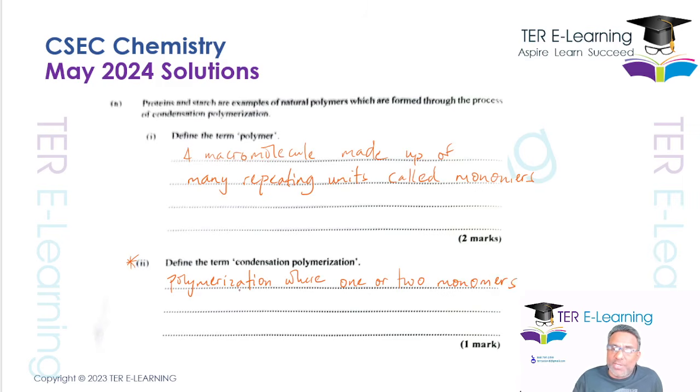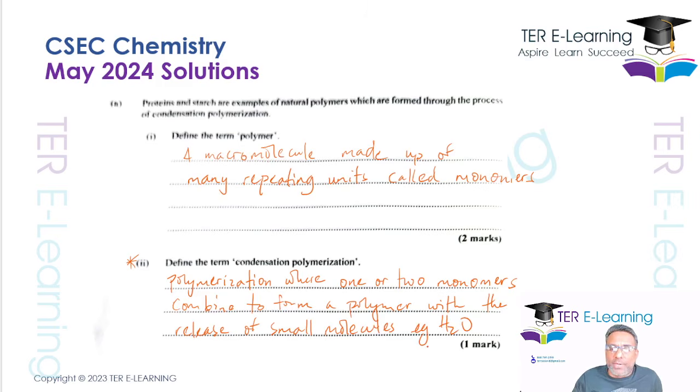So polymerization where 1 or 2 monomers combine to form a polymer, with the release of small molecules, for example water.